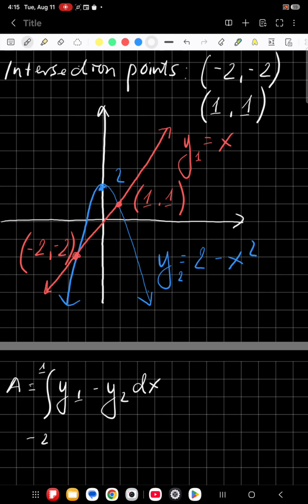Let's put those two expressions in. From -2 to 1, the first one is -x squared plus 2, or 2 minus x squared, and then minus x dx.